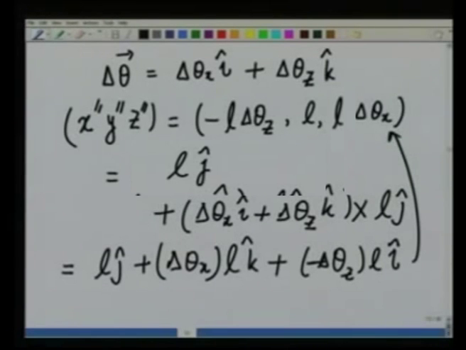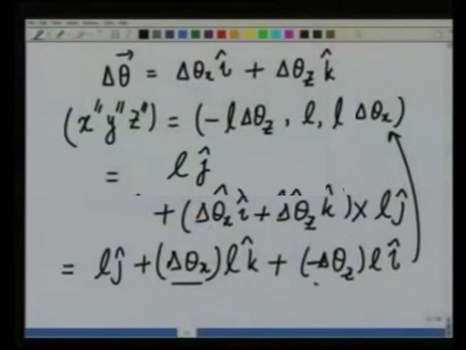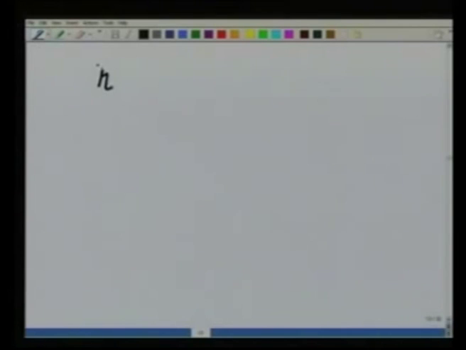So, what we understand is that when I apply very small rotations, the rotations commute and I can represent them as vectors. Although I took here the example of delta theta x and delta theta z, which are rotations about the x and z axis, I could have chosen any other combinations and shown that even if I apply a third small rotation about the y axis, they will all commute. So, what we get from this is that I can write the new vector r.